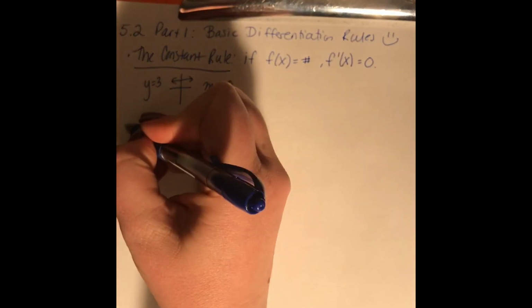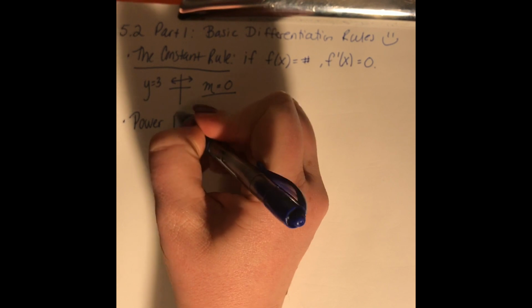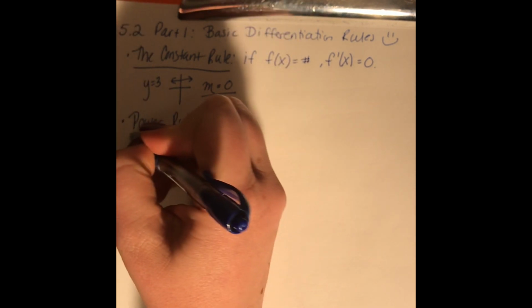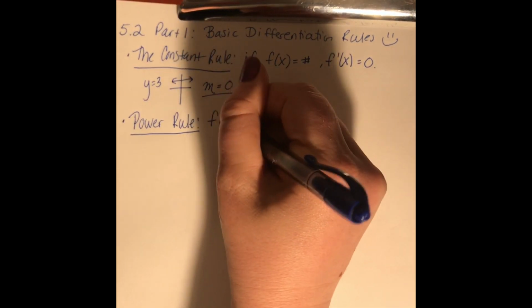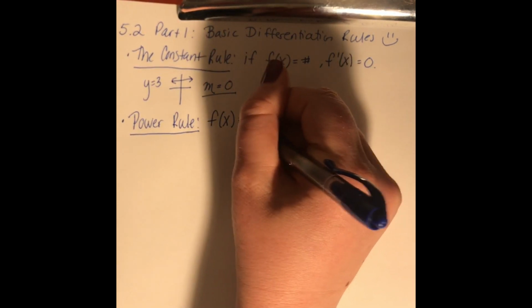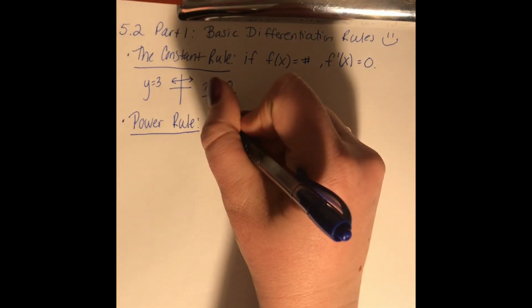That one's really easy. The second one is called the power rule. And this one would have been super beneficial probably last week. So if we have f of x, let me start over.